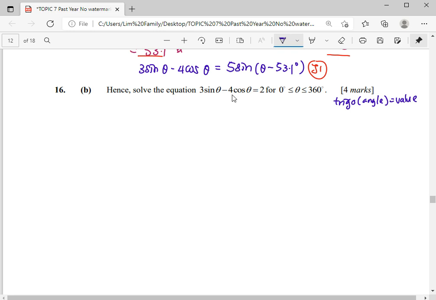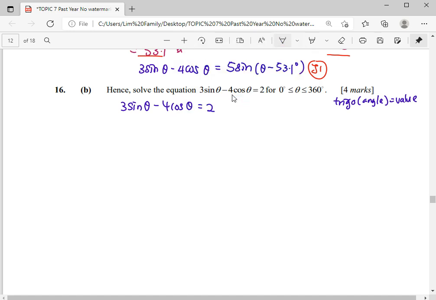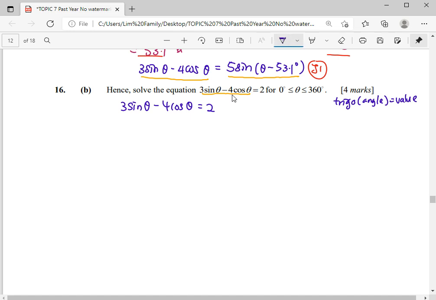So from our question here, when we have 3 sine theta minus 4 cos theta equals to 2, you can notice that the equation they've given here, we already expressed it in part A in terms of a single trigo only. So we substitute that result, where 3 sine minus 4 cos is equal to 5 sine of theta minus 53.1.